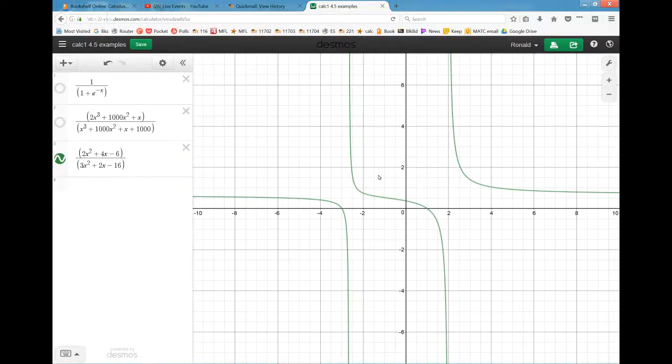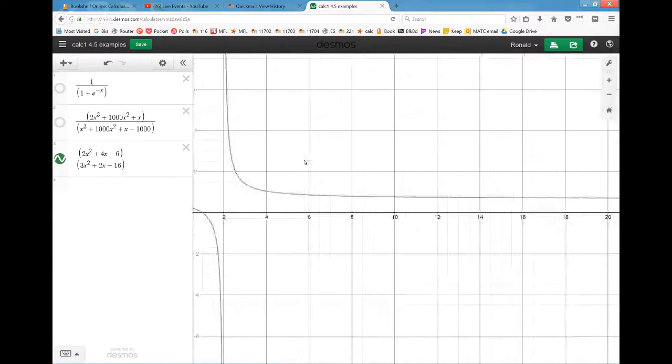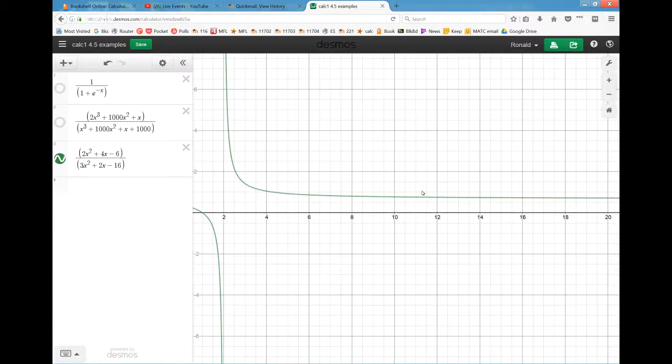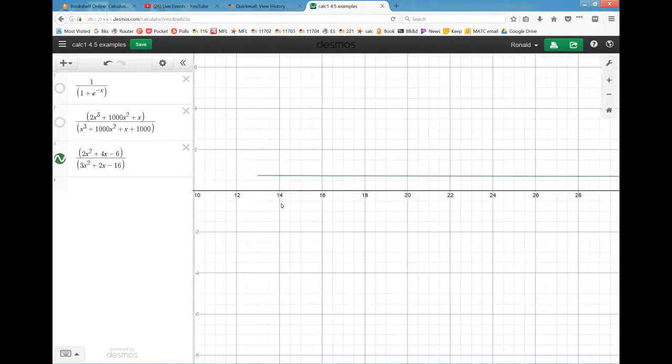You can see that we have a couple of vertical asymptotes, approximately at -2.5 and maybe +2. As I shove the graph to the right, do you see how it seems to be approaching a horizontal asymptote? The graph never seems to go all the way to the origin as I shove it way out.